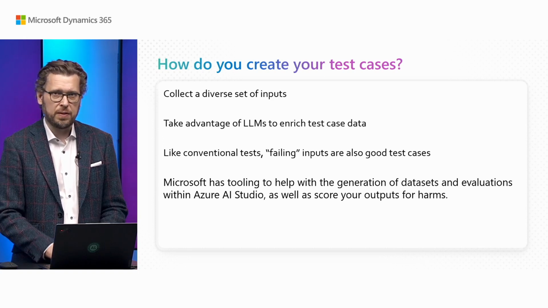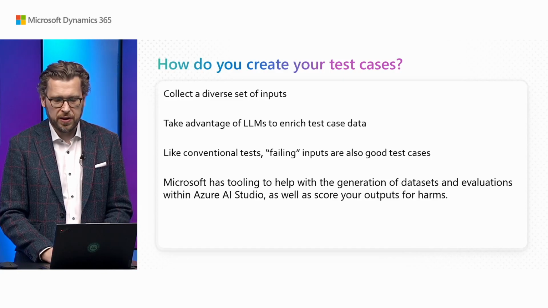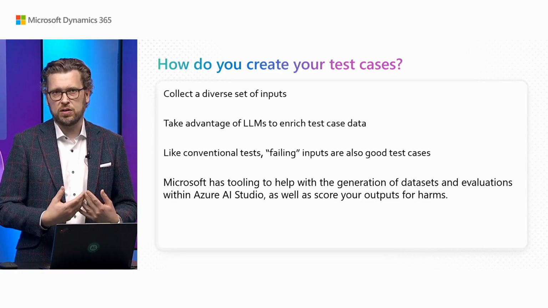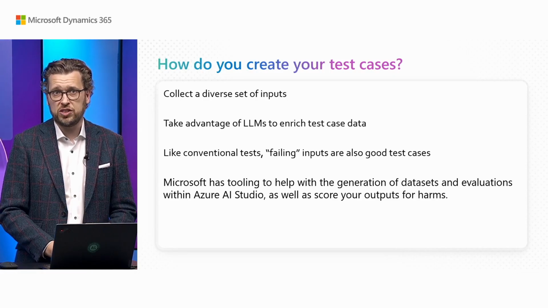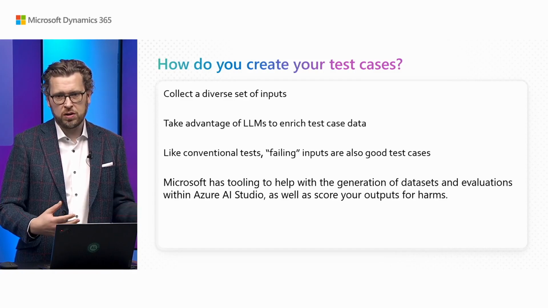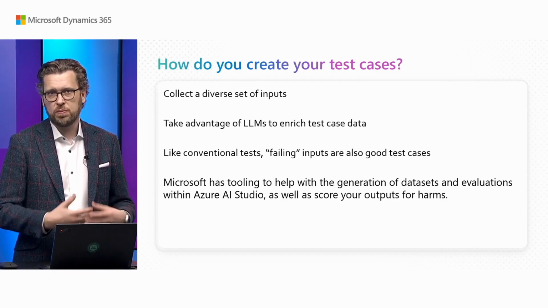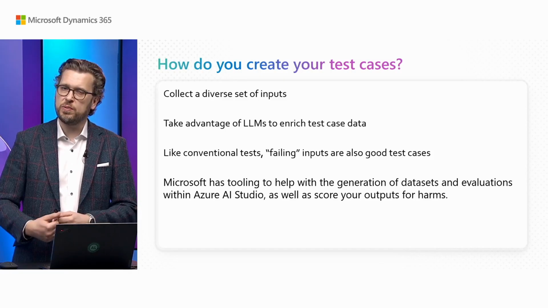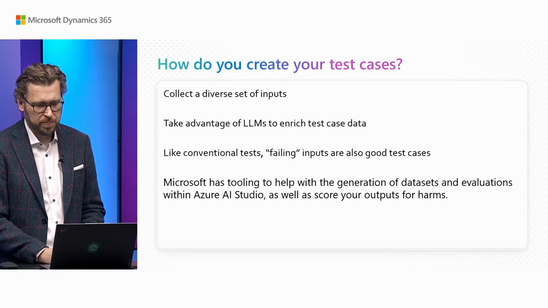So you don't have a dependency on that certain biasing. You can also take advantage of large language models themselves to enrich test case data. So maybe you have one test case, one user prompt, and you can ask the large language model to come up with 10 variations of that, for example.